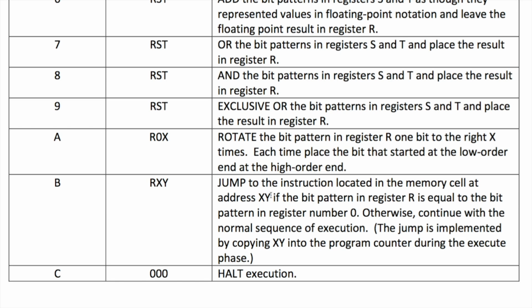This means the program counter will be set to the value XY, and then the next instruction will be fetched from this location. And lastly, opcode C indicates the halt instruction. This means the CPU will stop.